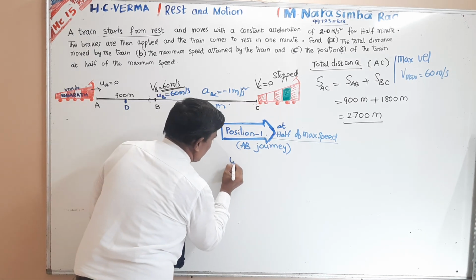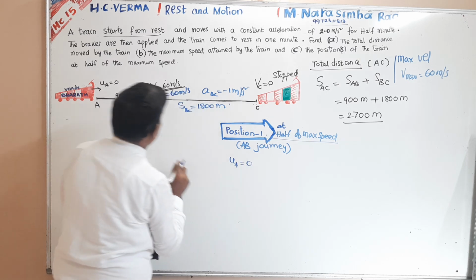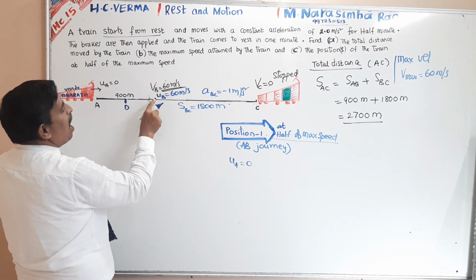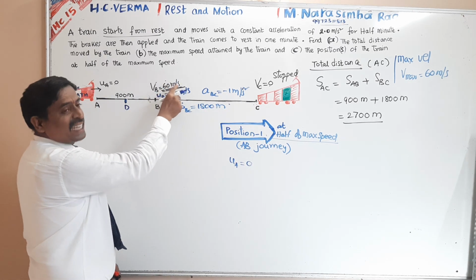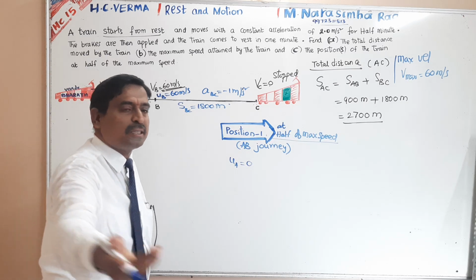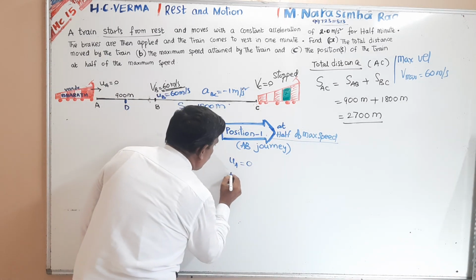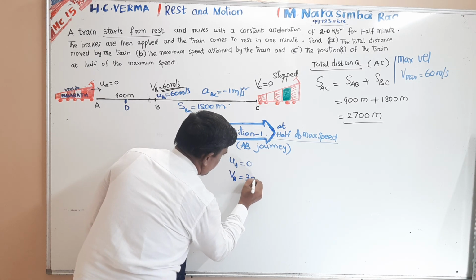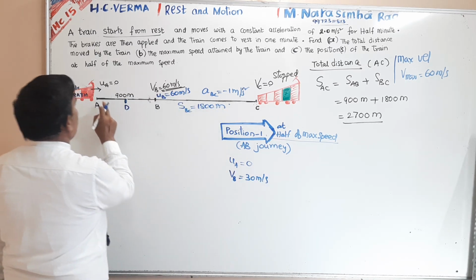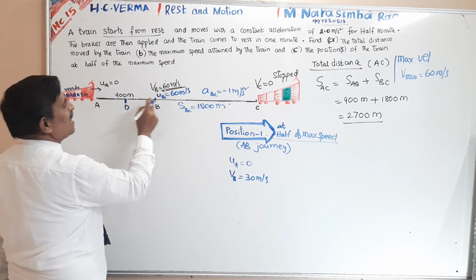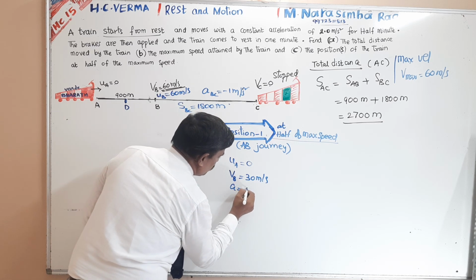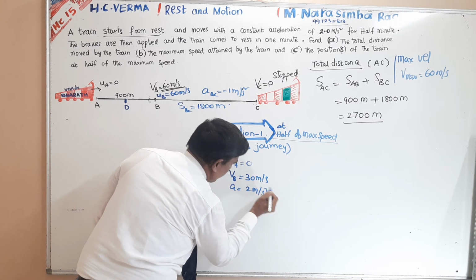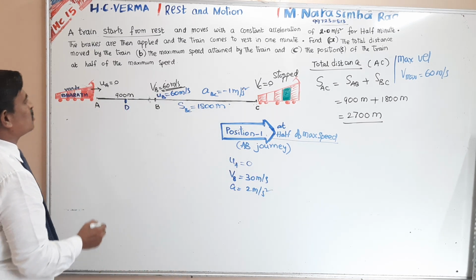Initial velocity is 0, starting from rest. Maximum speed is 60, half of the maximum speed is 30 meter per second. In the AB journey, acceleration is equal to 2 meter per second square.